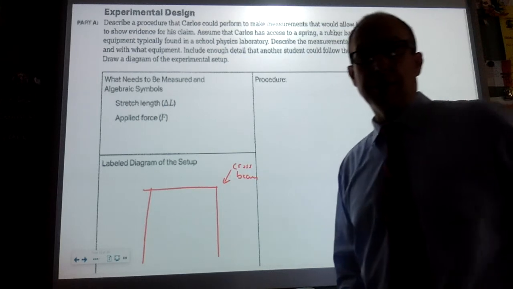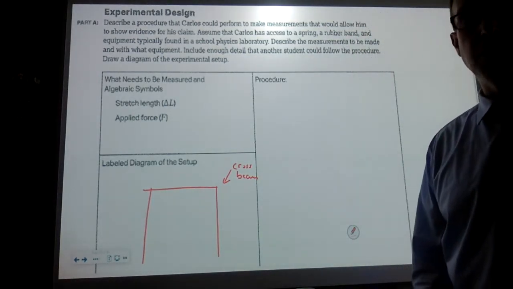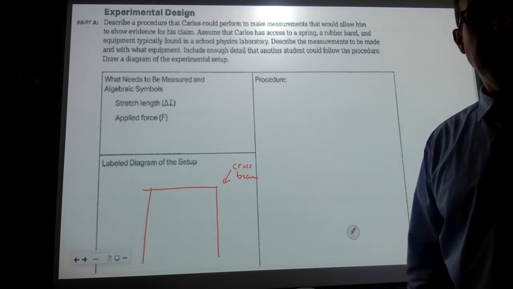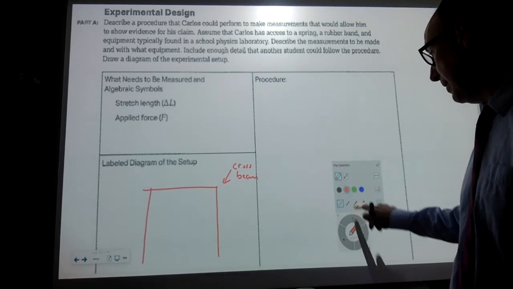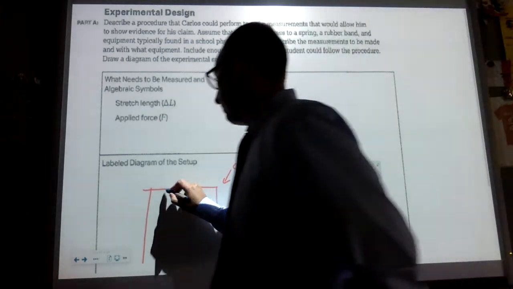I don't know if you've noticed that there's holes in the desks, but I have crossbeams that go in there. The second thing that I'm going to do is suspend both the rubber band and the spring from the crossbeam.